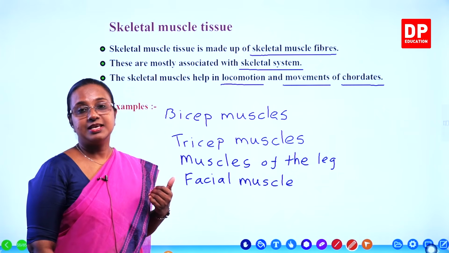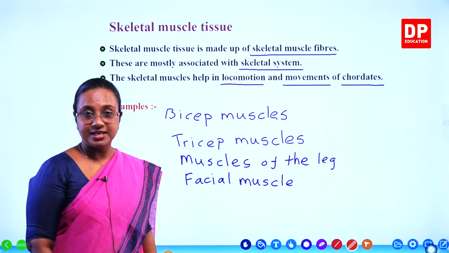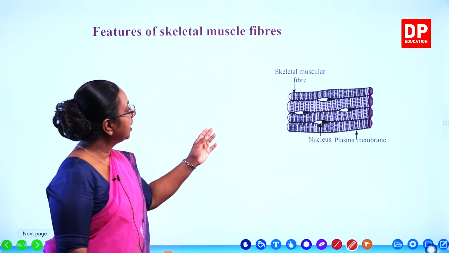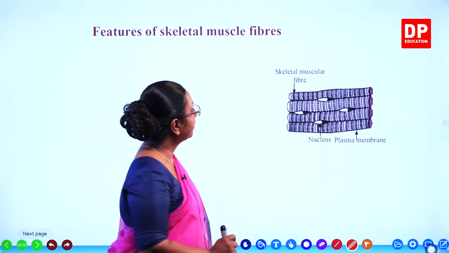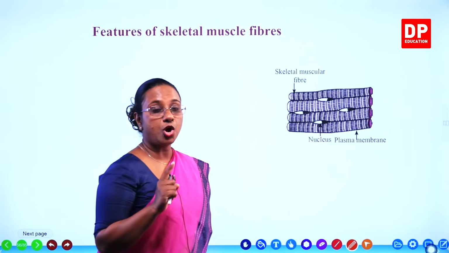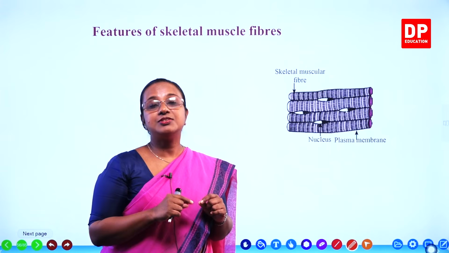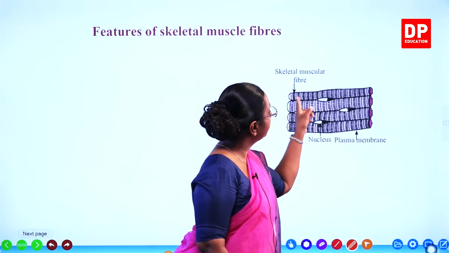Okay, students, you have understood why we have skeletal muscles in our body. With that understanding, we will look at the features of skeletal muscle fibers. Here you can look at this picture. You can see they are made up of muscle fibers, not cells, because these are very long cylindrical structures. And there is no branching.